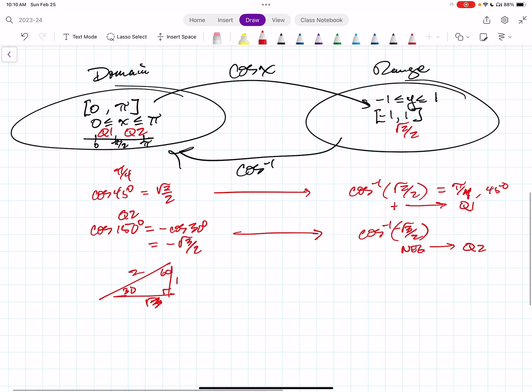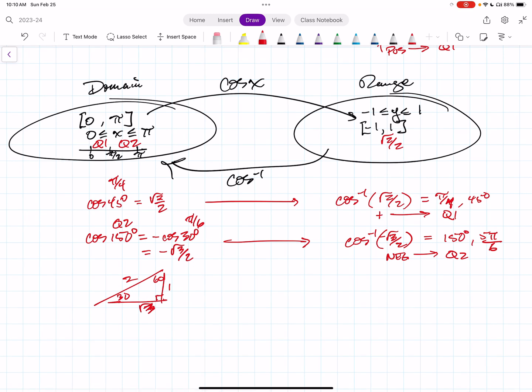We have to respond with the proper angle in quadrant 2, and that's 150 degrees. In radians, that would be 5 pi 6. So if you hear 30 degrees, pi 6, and then 150 degrees or 5 pi 6. And that's how the game is played.